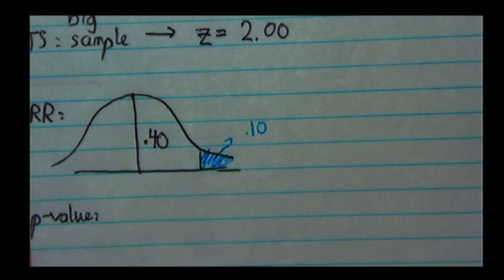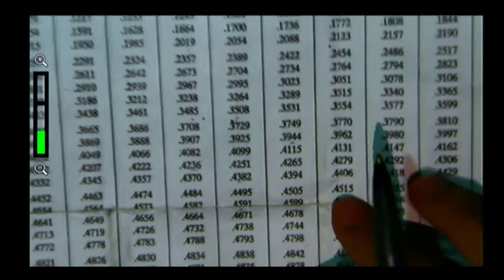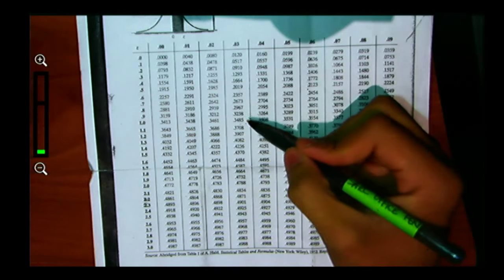Looking up your z-table again, look up 0.40 in the body of the table, and then find the corresponding z-score. Work backwards. So the closest thing I find is about 1 point.